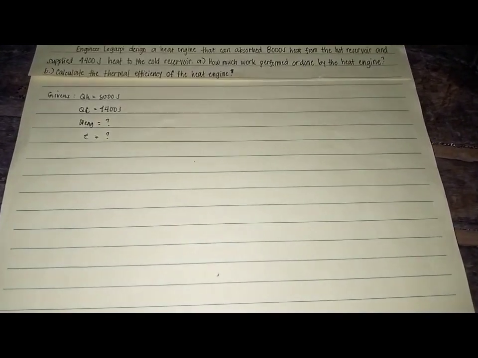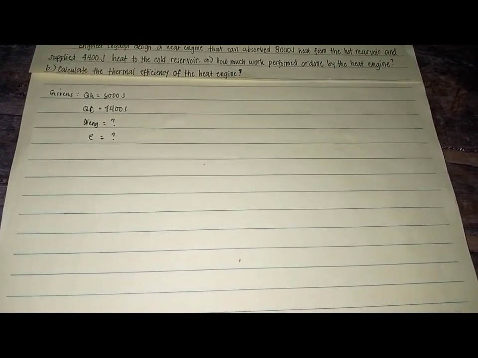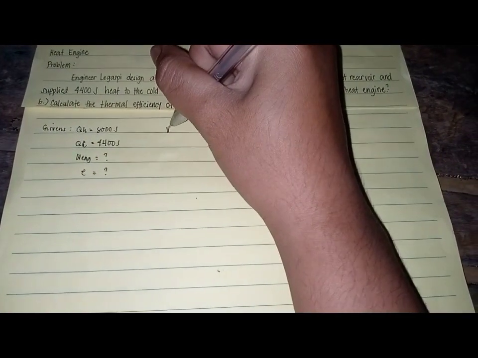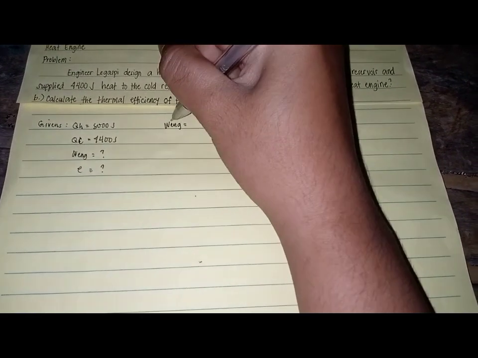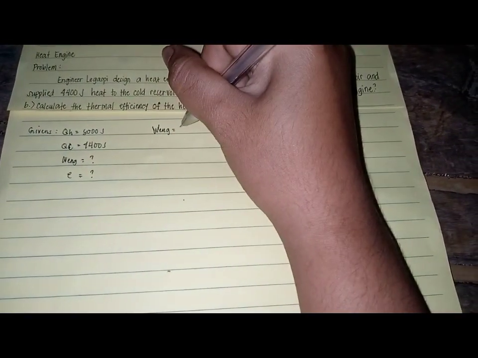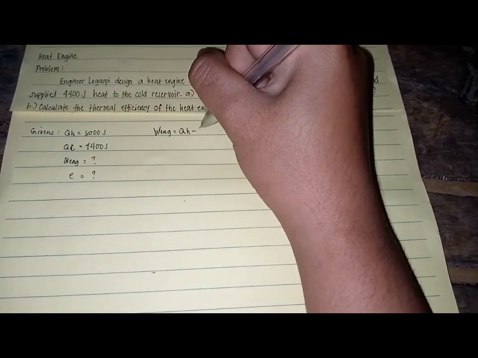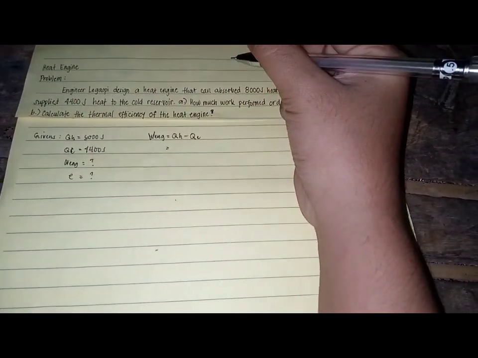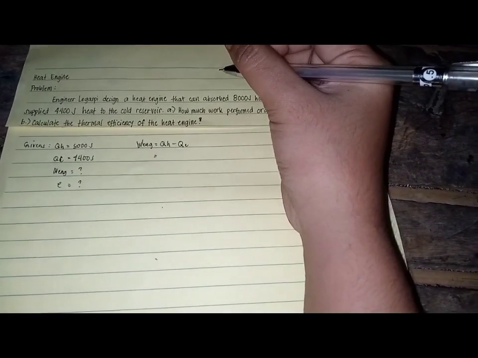So now we're going to solve first the work done by the heat engine through using this equation. Work done by the heat engine equals QH minus QC.